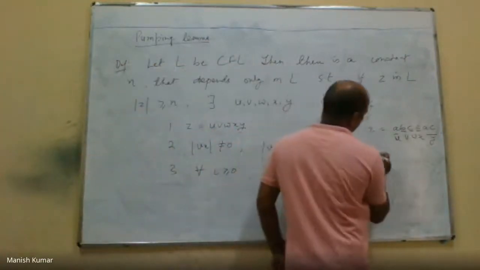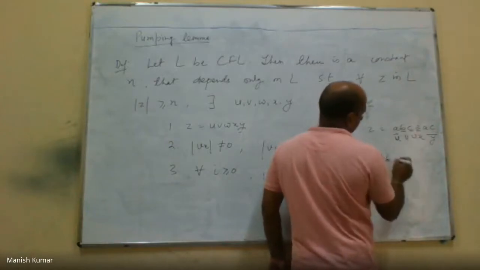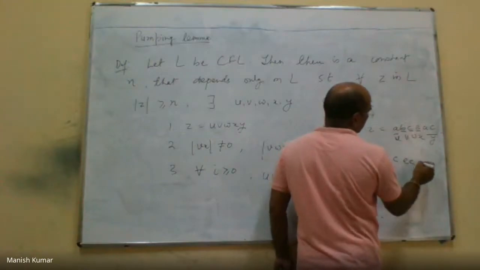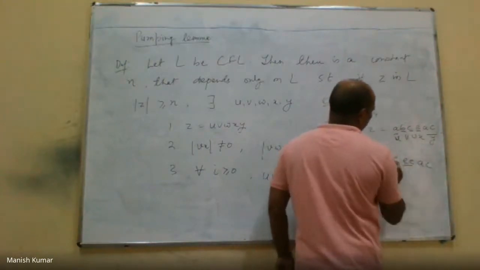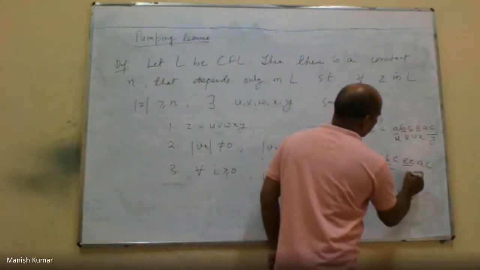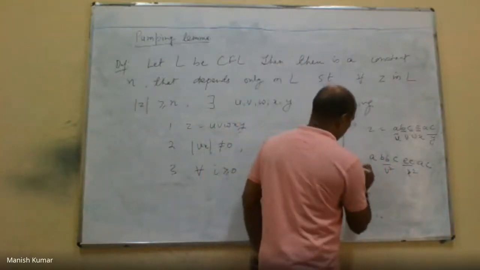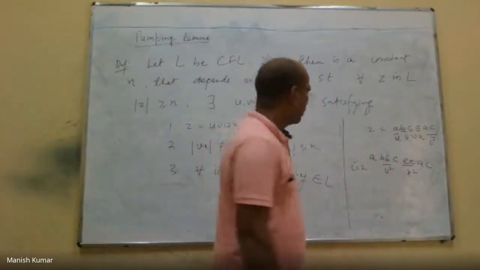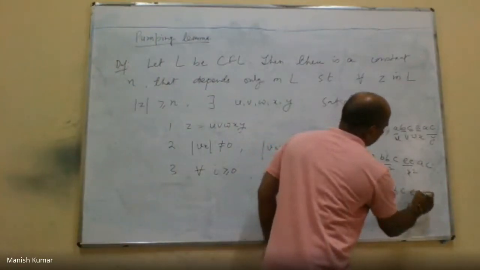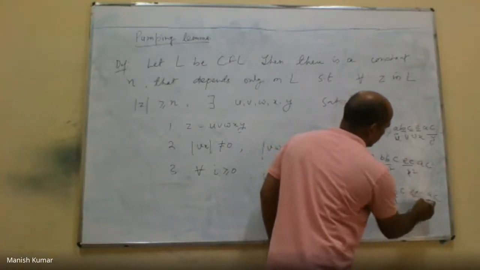If I pump v, pumping v means this. And then pumping x means this. And then a c. So I'll be pumping this as this. This is nothing but v squared and x squared. Okay, so in this case, i equals 2. Similarly, I can go for 3 times, so this is nothing but v cubed and x cubed.